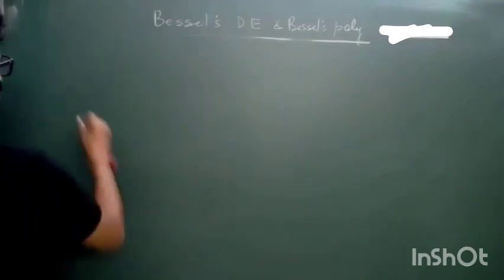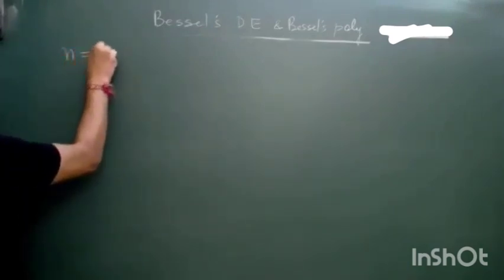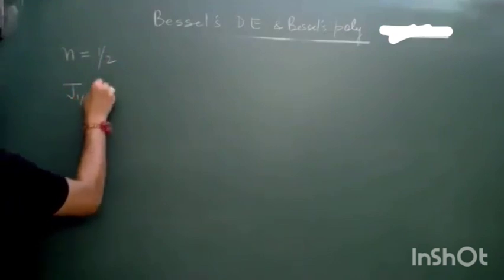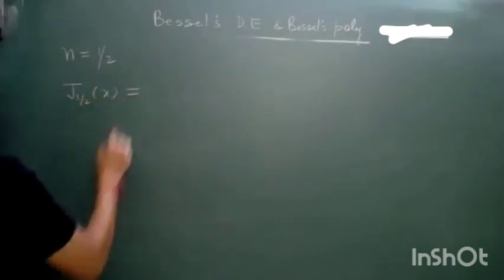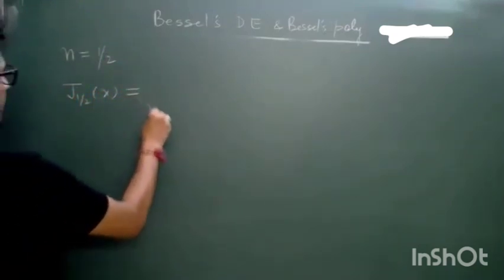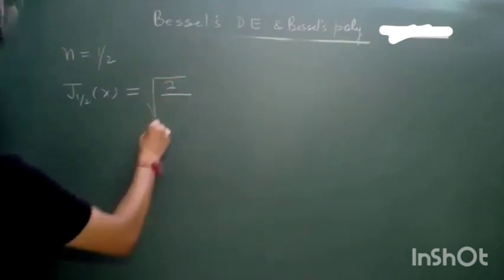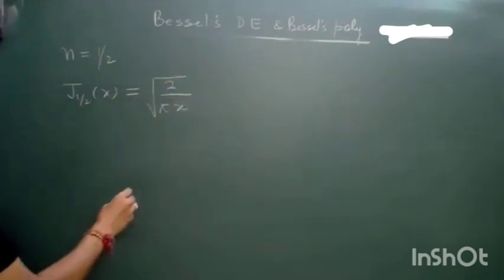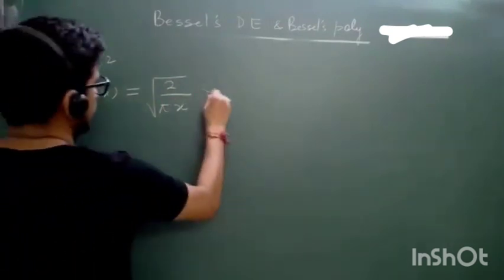Now, if you put the value n is equal to half, not an integer, then this J of half x is equal to under root 2 by pi x into sine x.